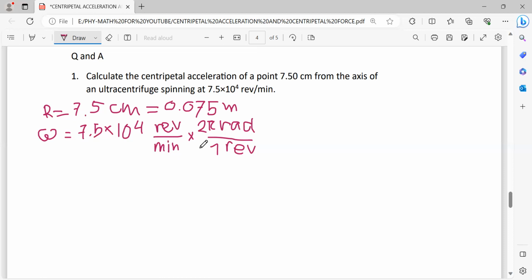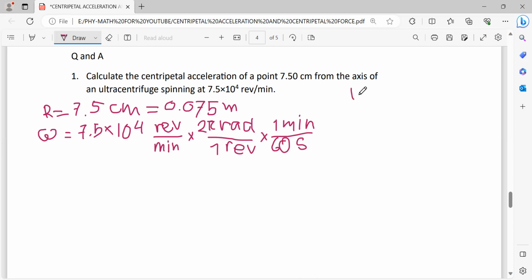Okay, so how to convert? We have to multiply by 2 pi radian over one revolution, and as well 1 minute over 1 minute. But the 1 minute in the denominator, I will convert to 60 seconds.